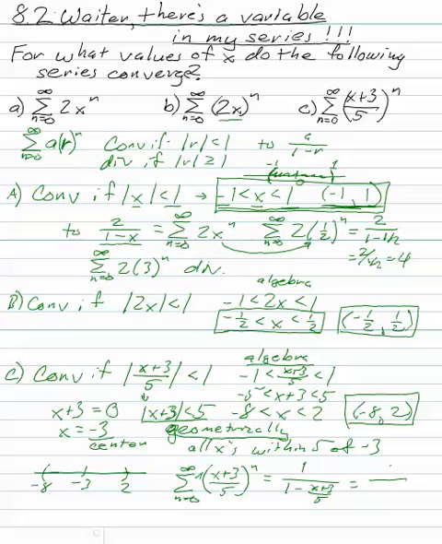We'll get 1 over 5 over 5 minus x plus 3 over 5, which gives us 1 over the 5 minus the x plus 3, which is 5 minus x minus 3, because you distribute the negative, over 5. The 5 and the 3 cancel to a 2, and the 5 flips up to the top, 5 over 2 minus x.